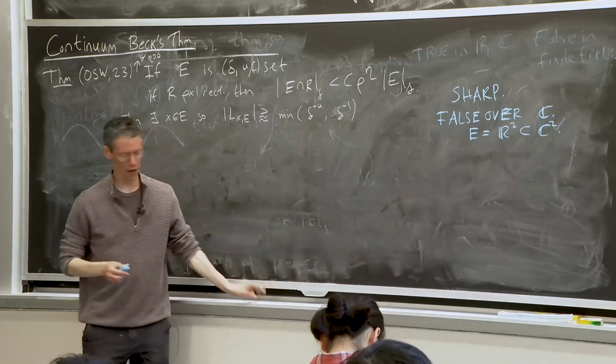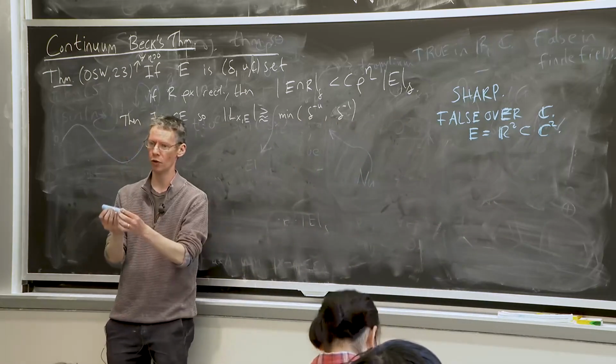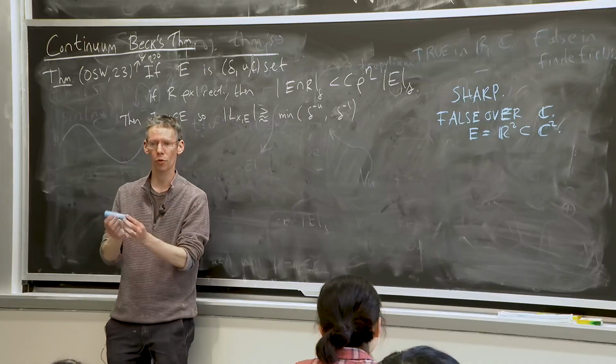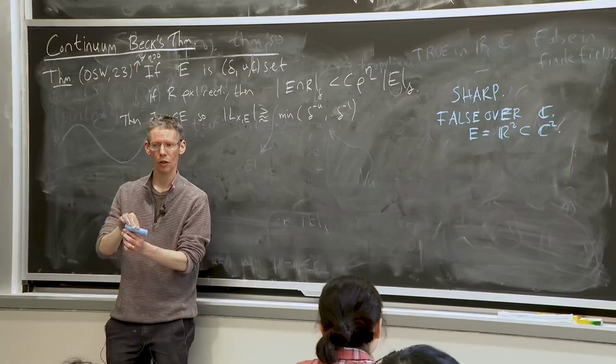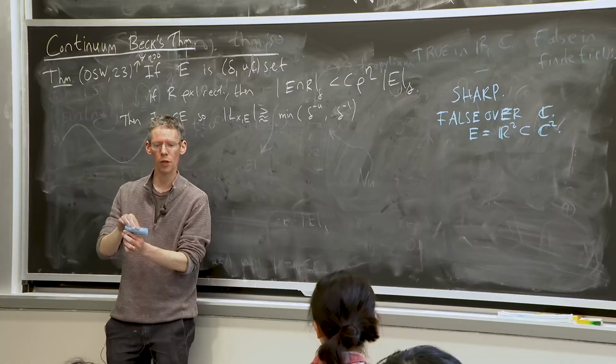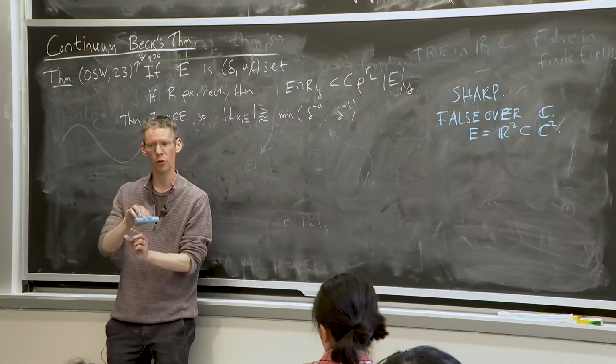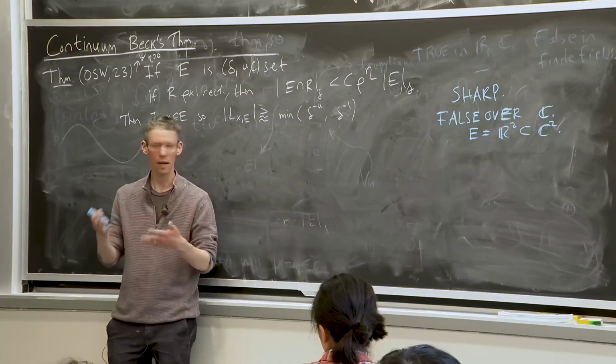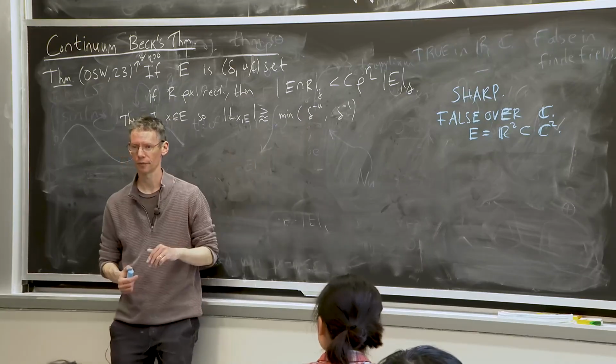And if you imagine R^2, if you take any point in R^2 and look at all of the complex lines that go through that point, each one of them goes through many of the points of R^2. And there aren't that many of them. It would violate this.